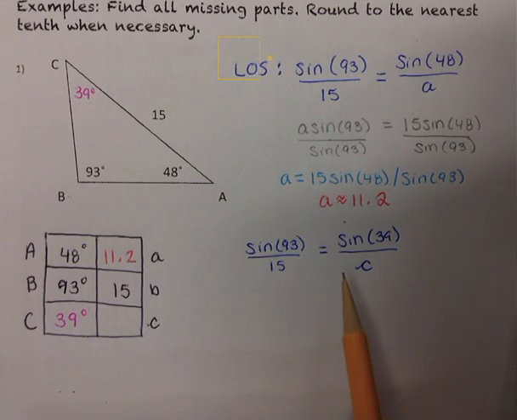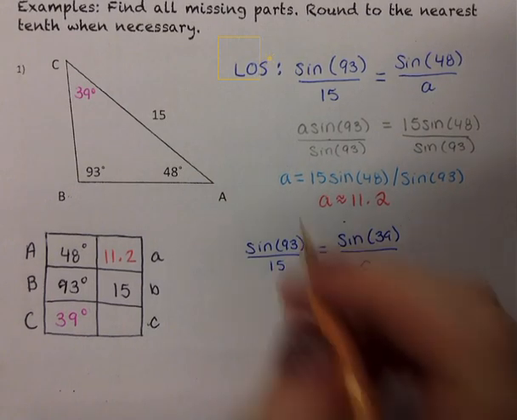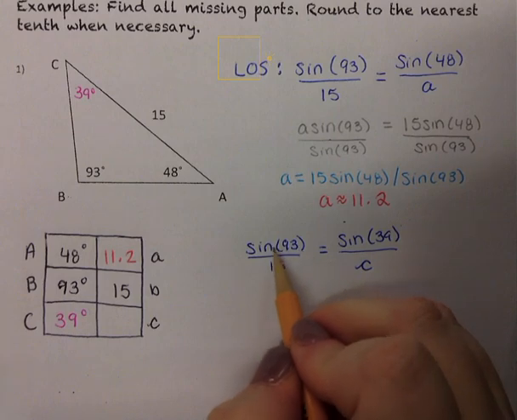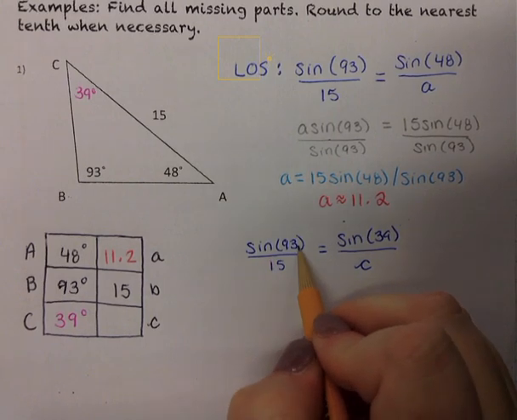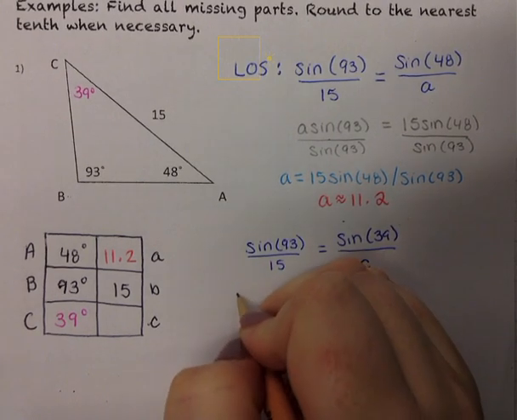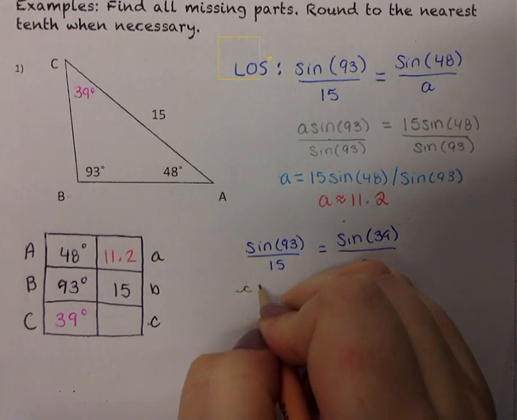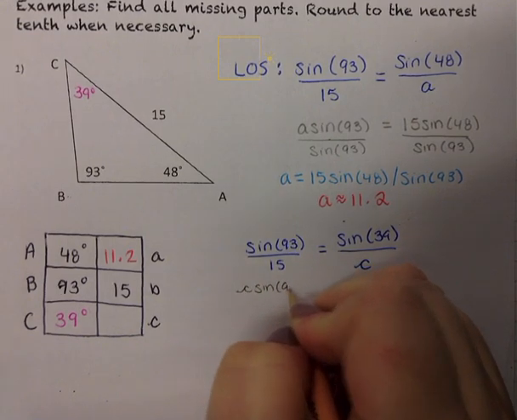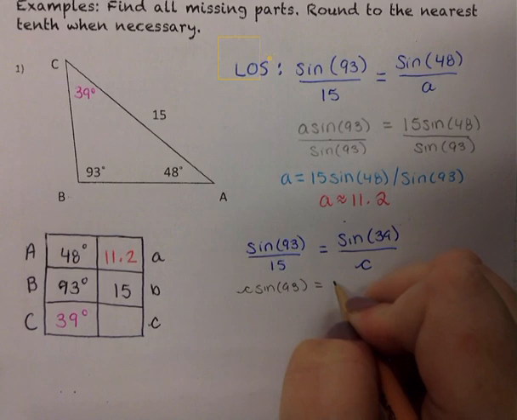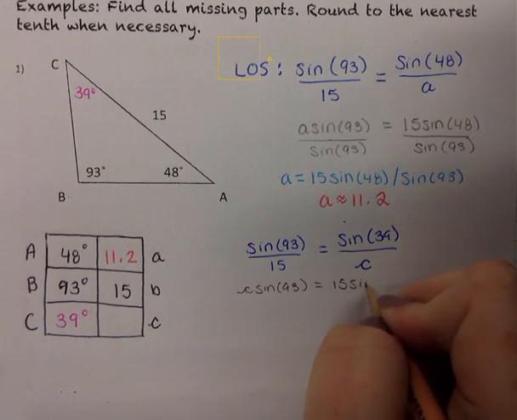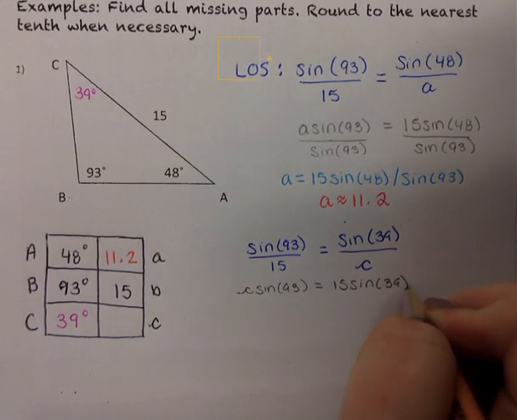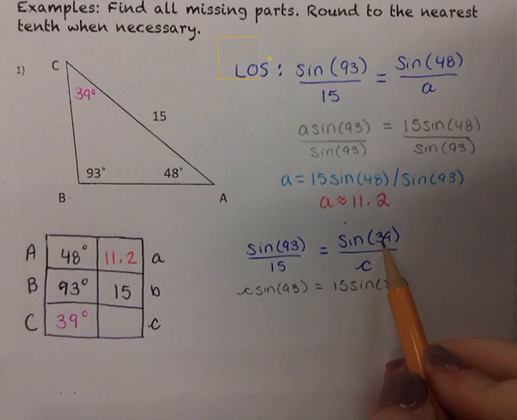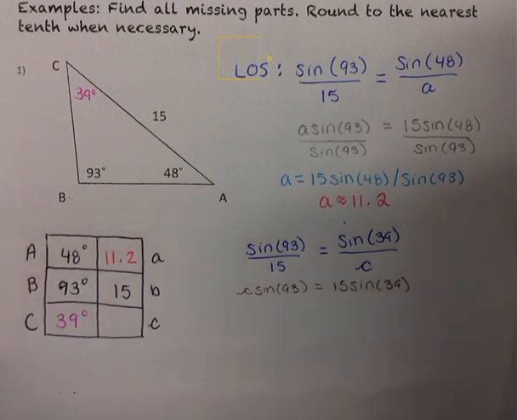So again, we're going to cross multiply, and then I'll end up dividing by sine of 93. So I'll have c sine of 93 is equal to 15 sine of 39. Again, I'm not multiplying any of the numbers themselves. And so now we've got to get c by itself, so we're going to divide by sine of 93.